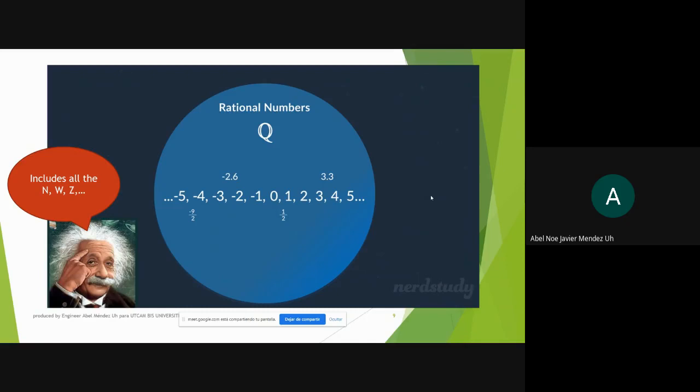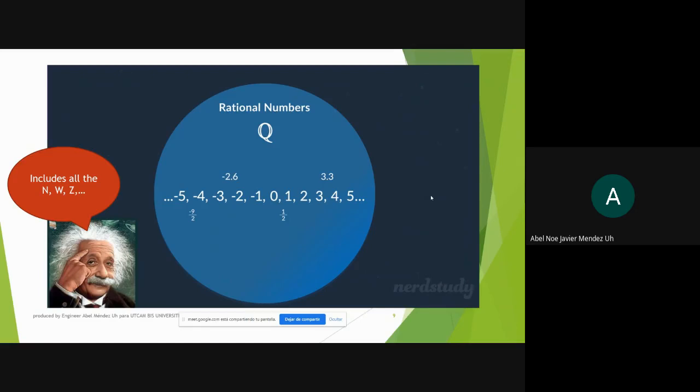We can watch in the slide: natural numbers 1, 2, 3, 4, and so on; 0; the negatives -1, -2, -3, -4, and so on.